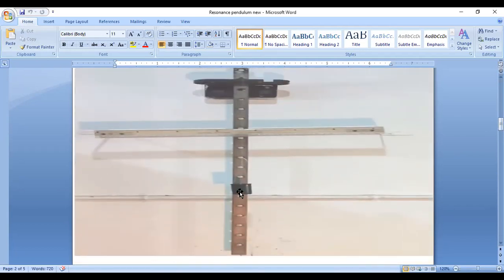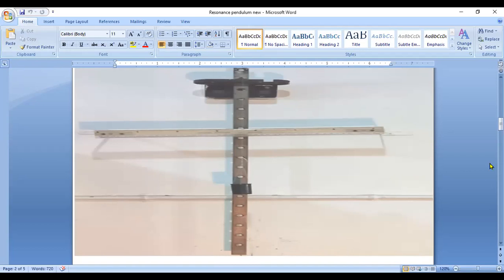This is the bar pendulum, this is the end of the bar pendulum. If you give a small displacement, your bar pendulum will oscillate in a vertical plane. The oscillations should be very small. If the amplitudes are very small, then these oscillations are treated as simple harmonic oscillations, and it will perform a simple harmonic motion.